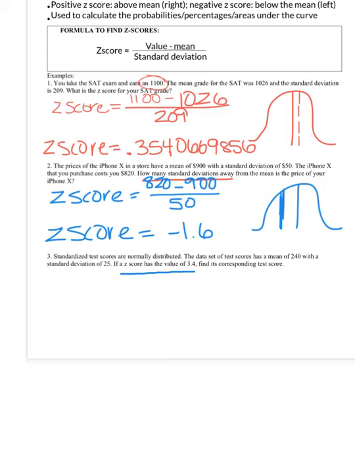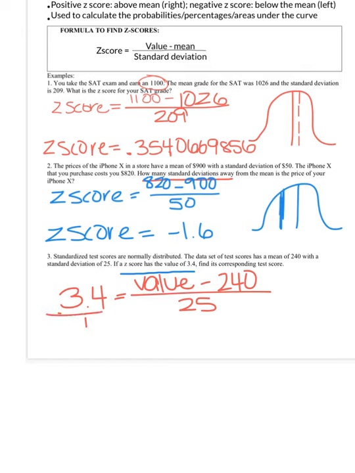So you can still use the formula for this. But instead of writing z-score equals and plugging everything in on the right, you know that the z-score is 3.4 equals, and you're looking for the value that corresponds with that z-score. So value minus the mean, which is 240, divided by the standard deviation, which is 25. Okay?